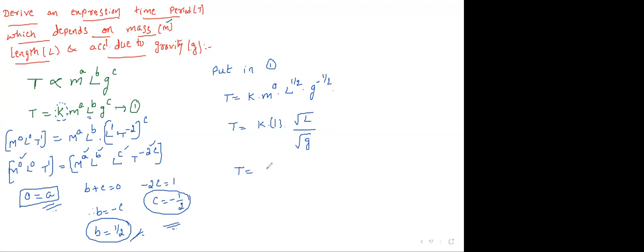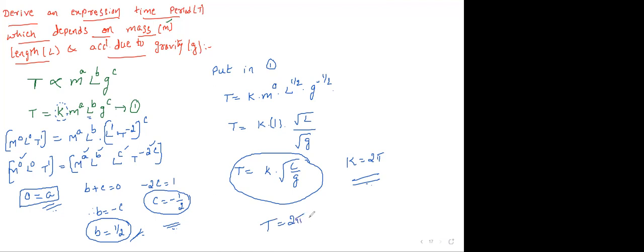Or you can say T is equal to K into root of L by G. What does K represent here? K is a constant called 2 pi. So time period actually becomes 2 pi into root of L by G.